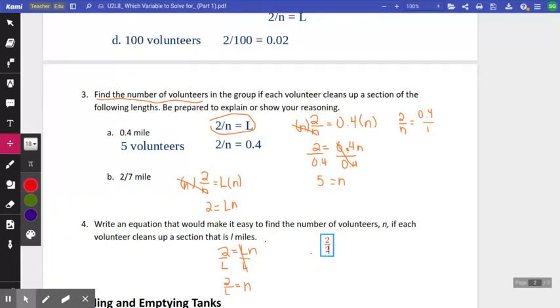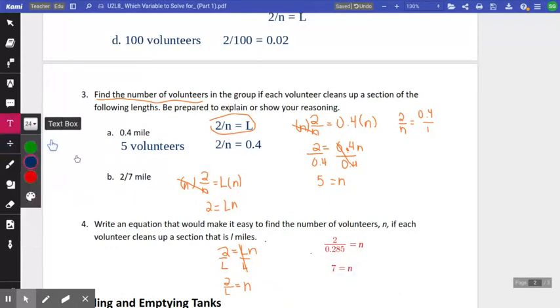If we're doing it as a decimal, I think that is 0.285. So we get that equals N, our number of volunteers. When you go to divide that, 2 divided by 2/7, or that 0.285, is going to give you 7 equals N. In other words, there are 7 volunteers.